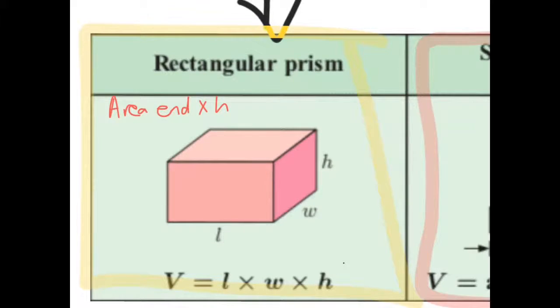And we think about, say, the bottom bit, we call that our end. So this bottom bit down here, if we did the area of that, that would be length times width anyway, because it's the area of a rectangle, and then we times it by the height. So that works for any shape we've got.